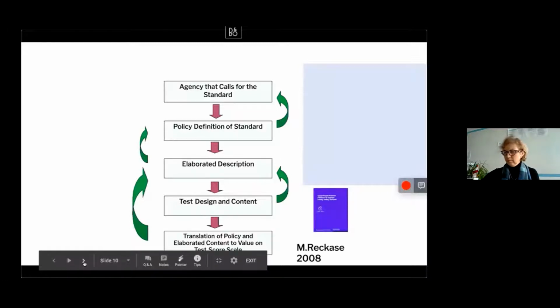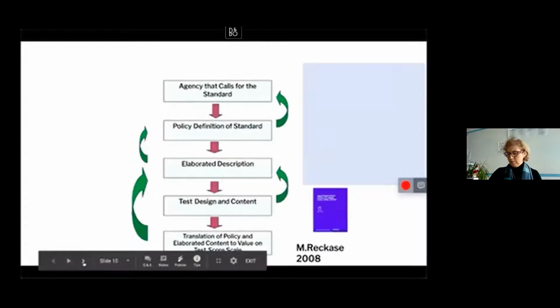And I'm going to be talking through this diagram from the top going down. There's a curriculum published. That's the agency that calls for the standard. And that curriculum is broken down into what it means to be at a level and what is expected from students who have been said to fulfill this standard.